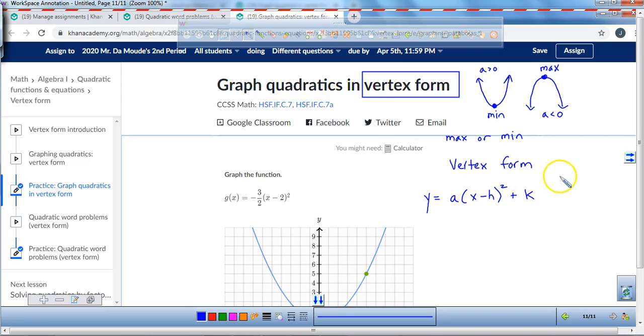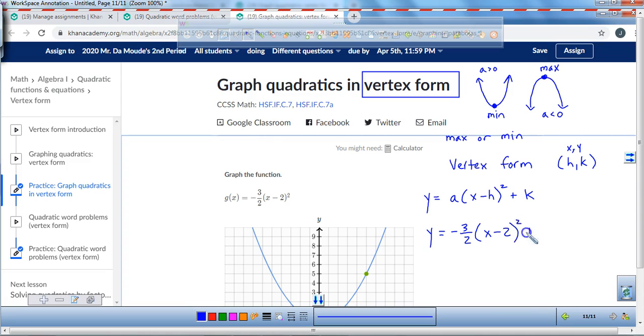Alright, so in vertex form, the h and the k value represent the x and the y value of the vertex. So, right over here, I'm just going to do a quick little example. Say negative 3 over 2 times x minus 2, close parentheses squared.